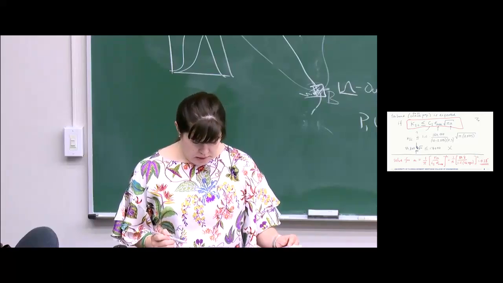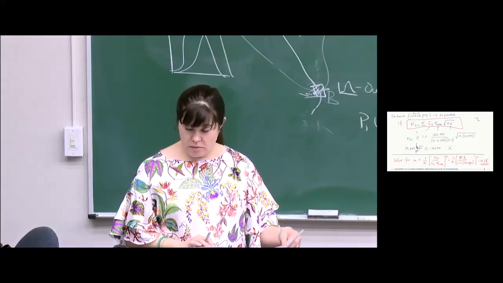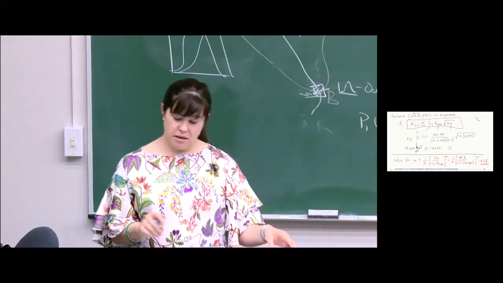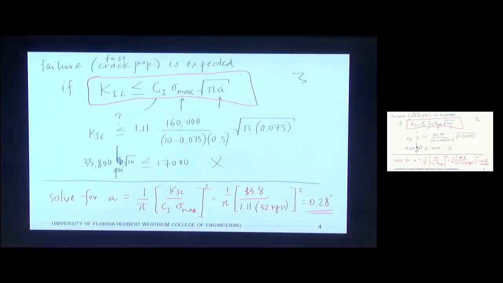Okay. So we're going to move forward with that value, even though we could get something maybe a little bit smaller if we more accurately accounted for how the C1 is changing and how the stress is changing as the crack grows. Okay.